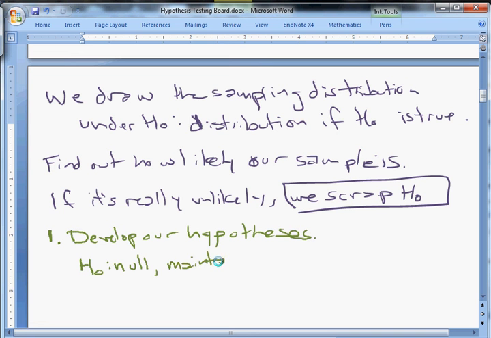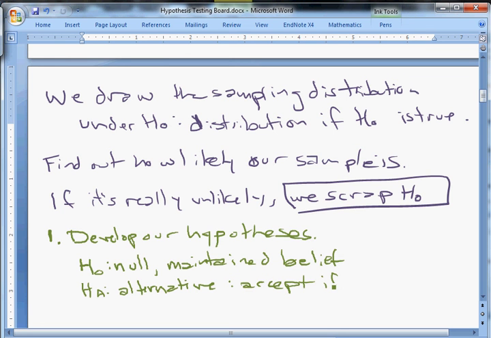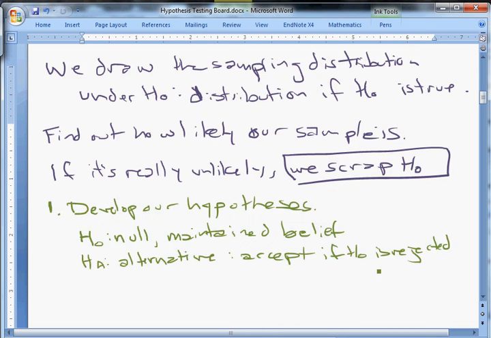It's the one we're testing. And we'll practice a fair bit with how to state these precisely. And coming up with an alternative, which we'll accept if we reject the null.